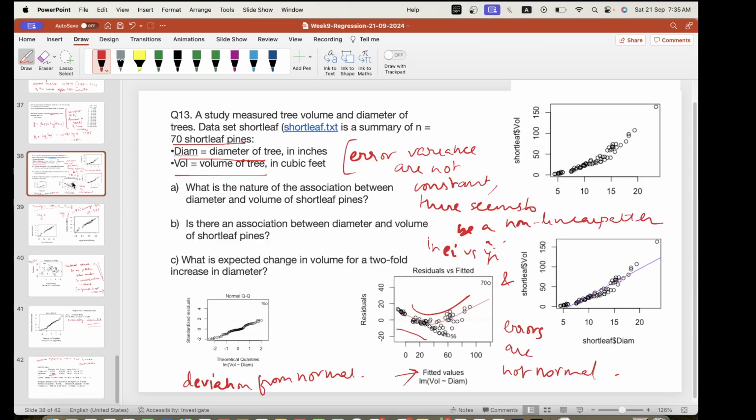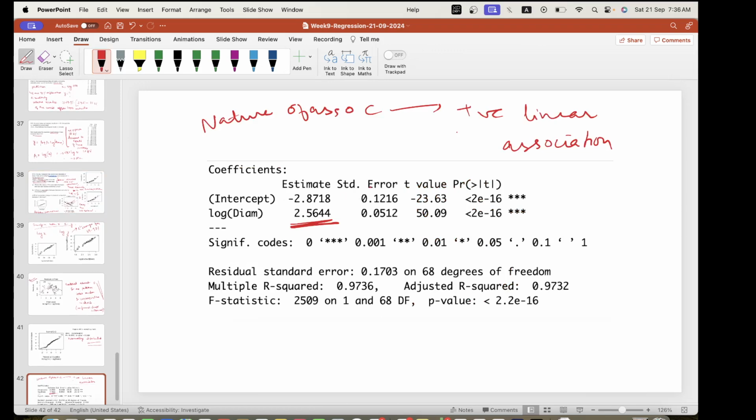Now the second question is, is there any association between diameter and volume of short-lived pines? Is there any association means, is the association significant? So we see that the p-value is less than 0.05. So yes, the association is significant.